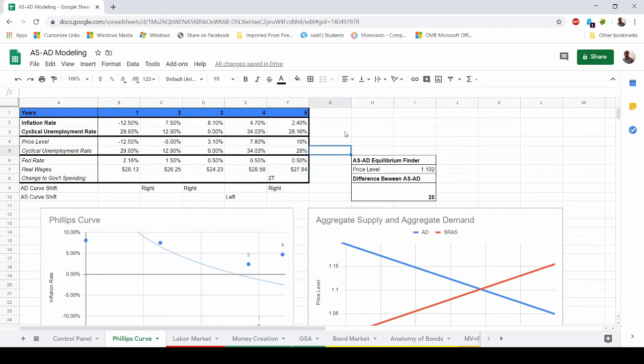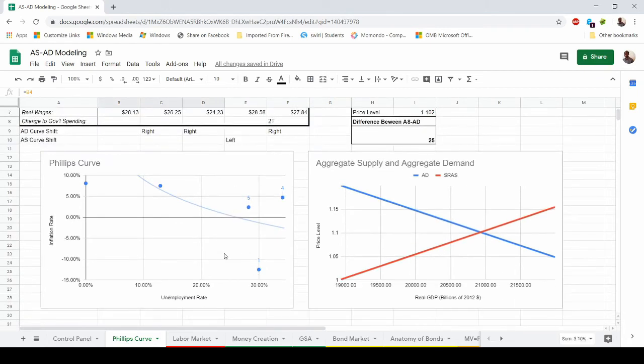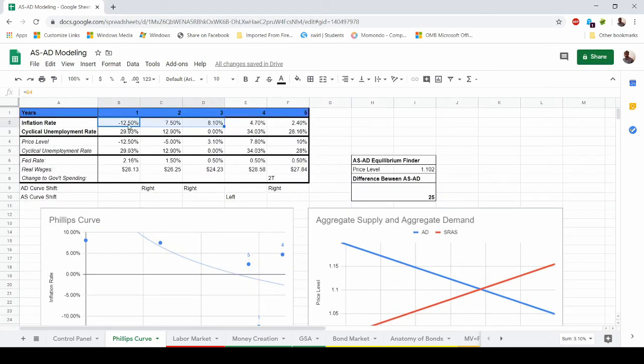And this is more or less what ends up happening with the Phillips curve and the aggregate demand and aggregate supply curves. So for points 1, 2, and 3, there's a typical relationship where inflation increases at the same time that unemployment decreases. But this decrease in unemployment and increase in inflation eats into real wages for workers.